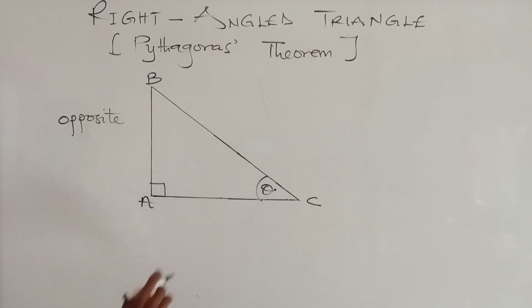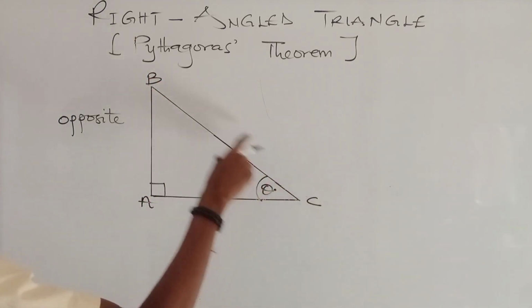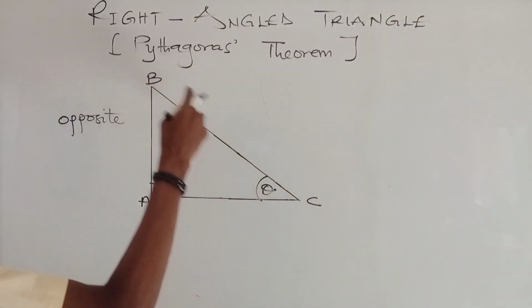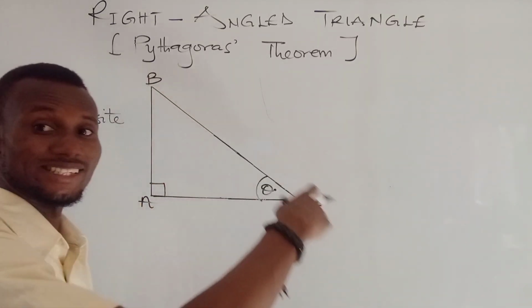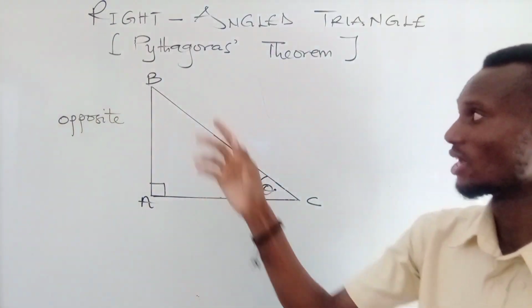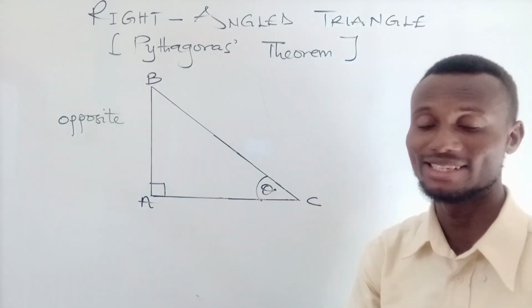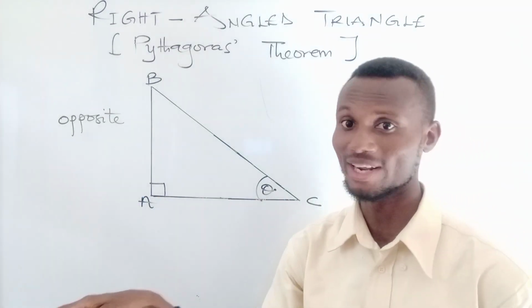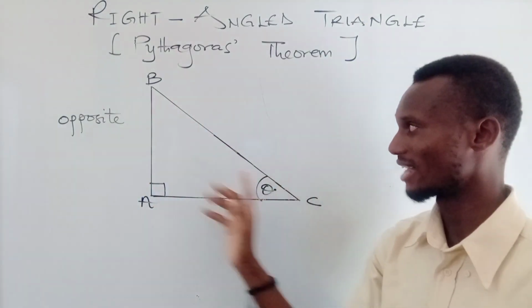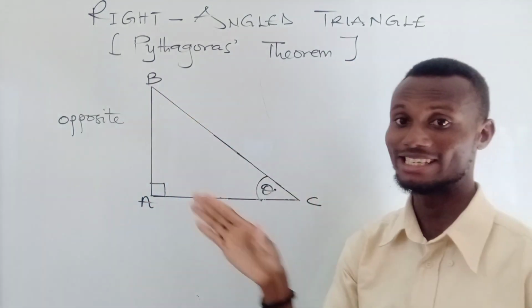Now we have this line also, line BC, or length BC, which is the longest side of the triangle. Always, the longest side of the triangle is what we refer to as the hypotenuse. You can see that from the size of the triangle, the line BC is the longest side.